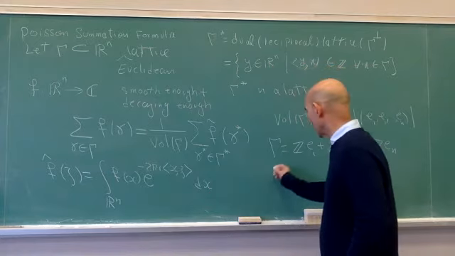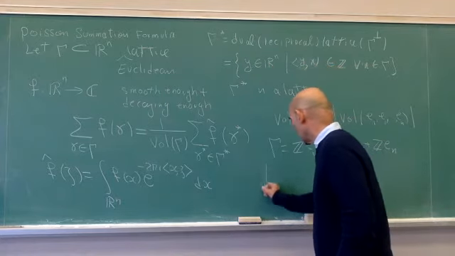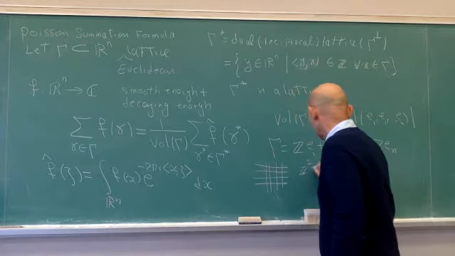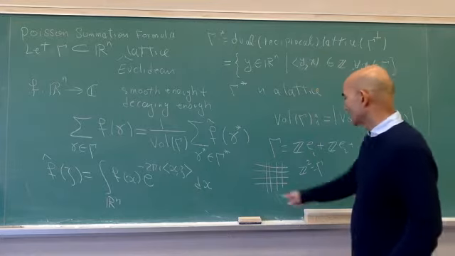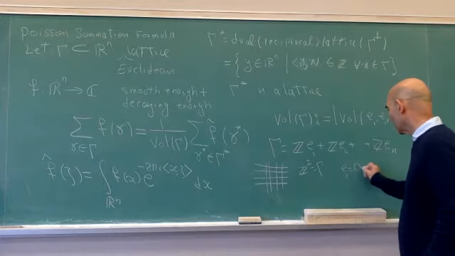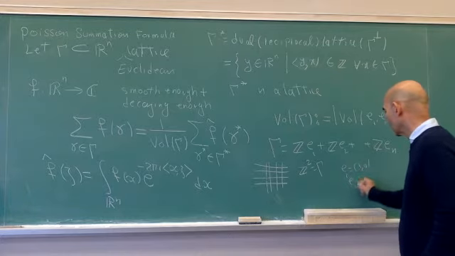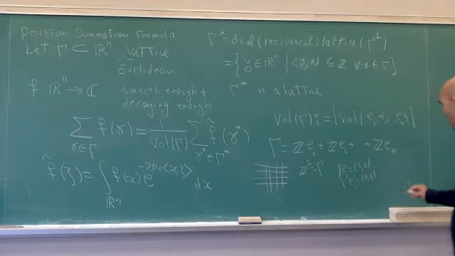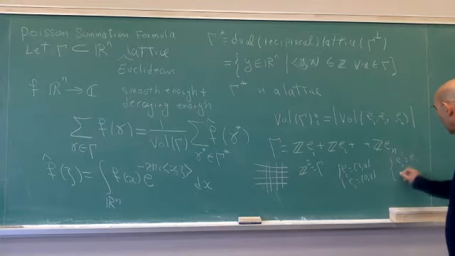For example, in R2, for this Z2 lattice, the standard basis E1 equal to (1, 0), E2 equal to (0, 1) is a basis, but you can take another basis, which is E1 prime equal to E1, but E2 prime equal to E1 plus E2.